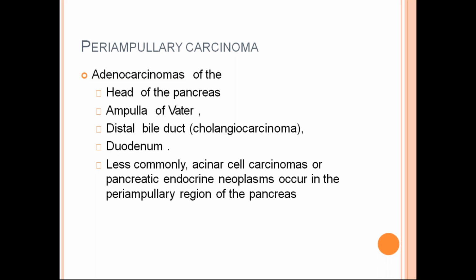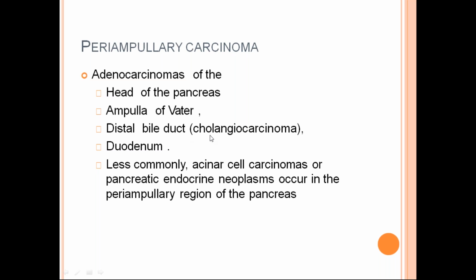These four are included in periampullary carcinoma. To remember, simply recall the anatomy of the pancreatic head, and you can remember this very easily. What are the structures present there? Obviously the head of the pancreas and the C loop of the duodenum, the ampulla of Vater and the distal bile duct. Involving any of these, the tumor is a periampullary carcinoma.